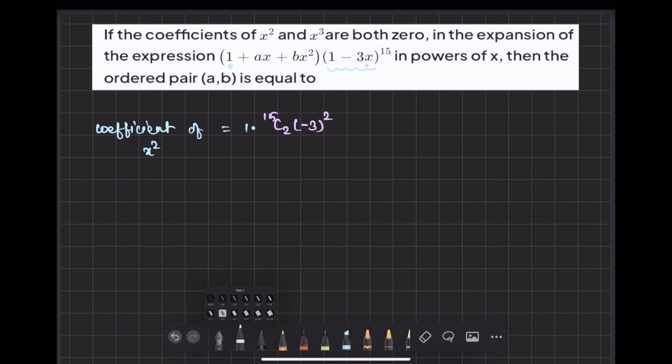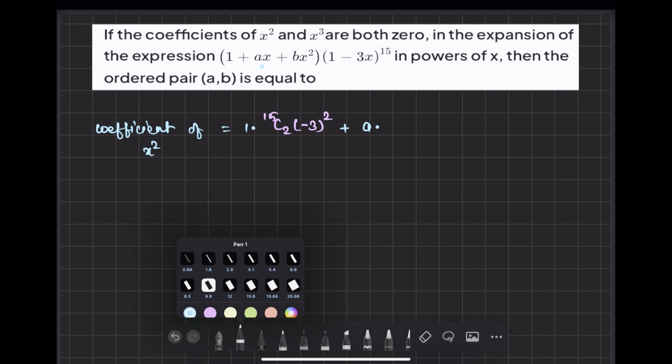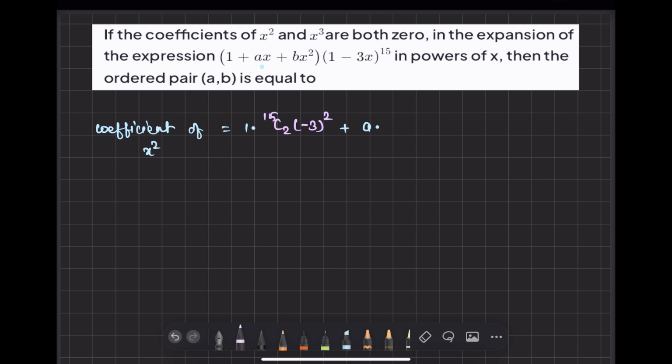Now I want to organize a fight for this person. He will fight with only that person who has x power 1. So here I want x to take power 1. So it is 15c1 times minus 3 power 1.